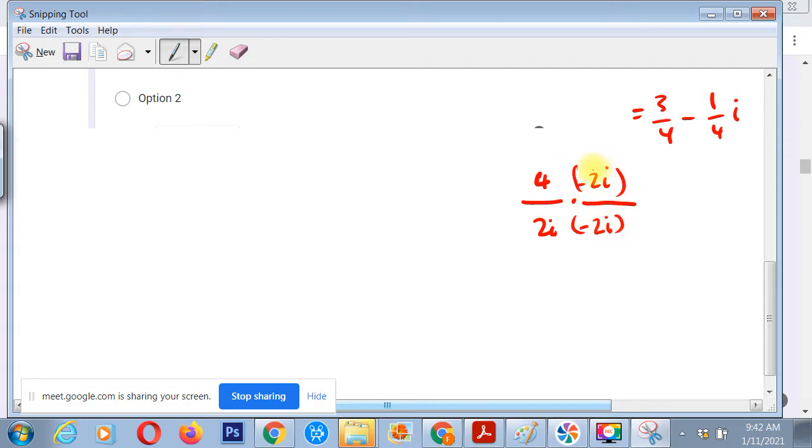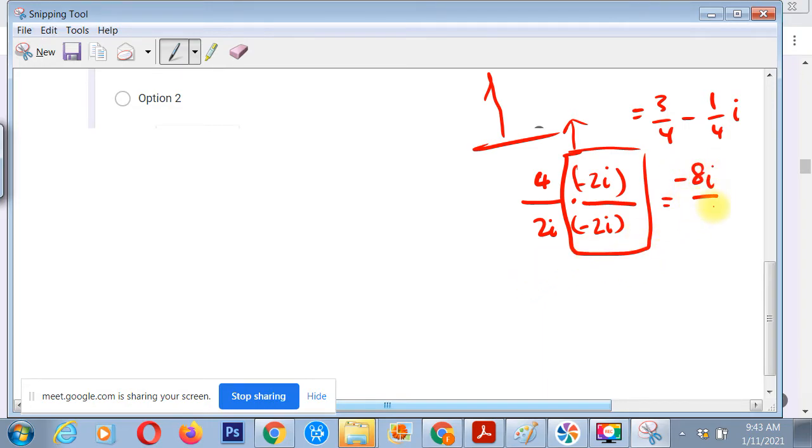Conjugate with the same number, because after that it equals 1. Anything times 1 is still the same number, but the form of this number changes. So what we'll have is negative 8i over negative 4i square. I square equals negative 1, you use this a lot.